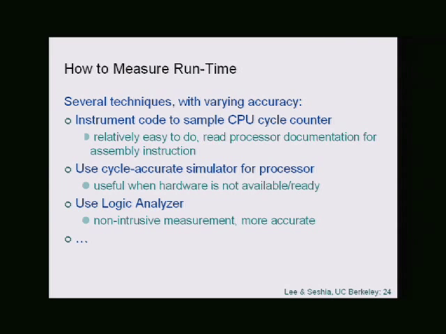You don't modify your code, you just define events in your code, for example the program counter reaching a given location. You have an off-chip analyzer that gets triggered each time the PC reaches a certain value, and a timer based on those events records the number of CPU cycles between events of interest. So this is more accurate, but obviously it's a much more complicated apparatus to measure.